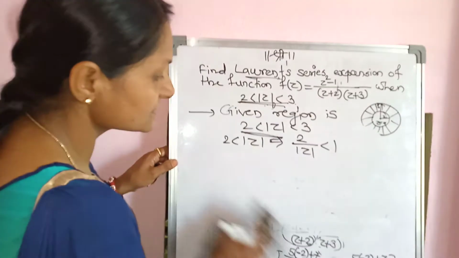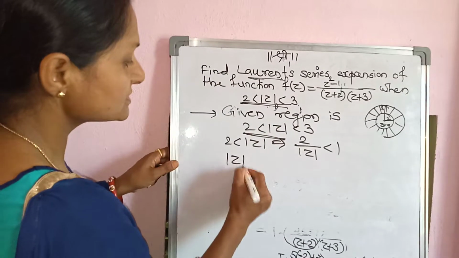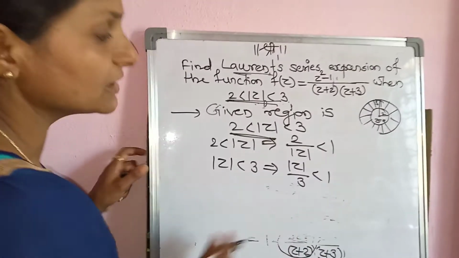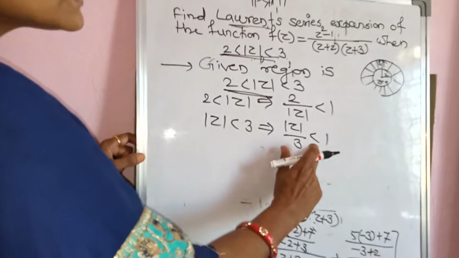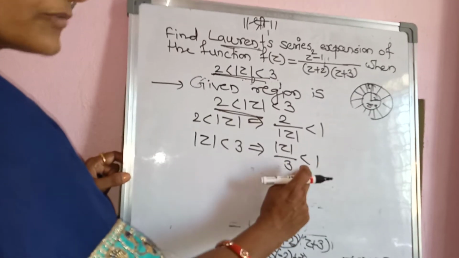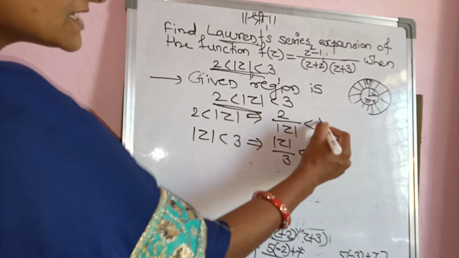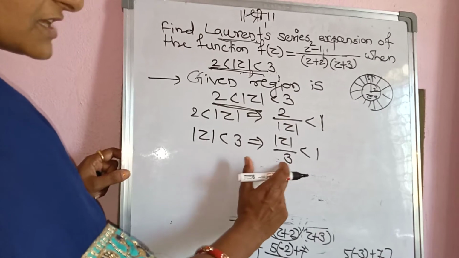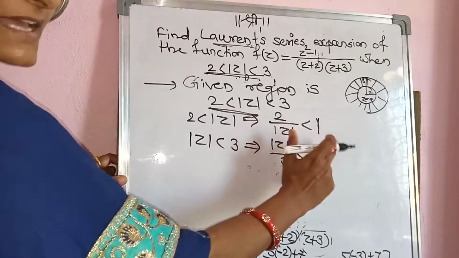And if I consider the next part, mod z less than 3, then mod z by 3 is less than 1. Observe that in the Laurent series, you must adjust the terms such that the inequality is less than 1.